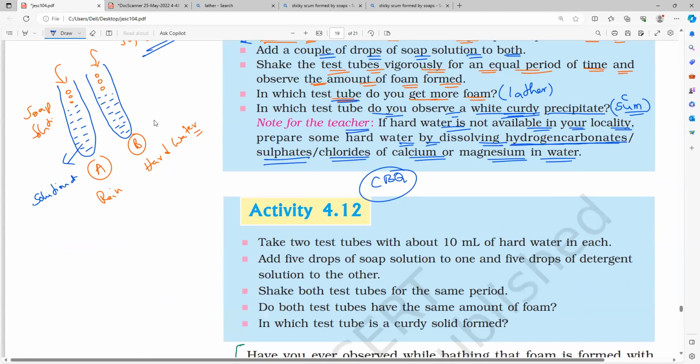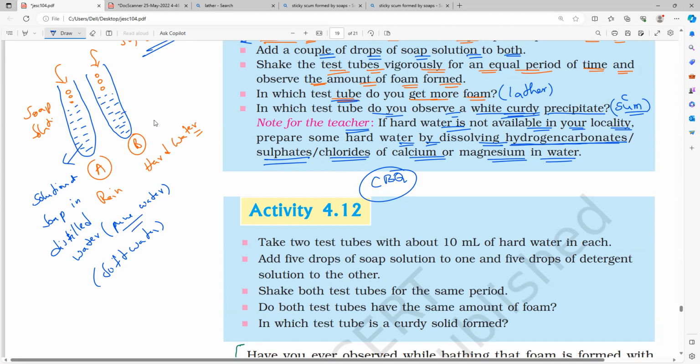Write it: soap solution in distilled water is dissolved actually. Distilled water is also called pure water. Example is rainwater. So when the soap solution is treated with distilled water or soft water, it will form a lather or foam very easily.